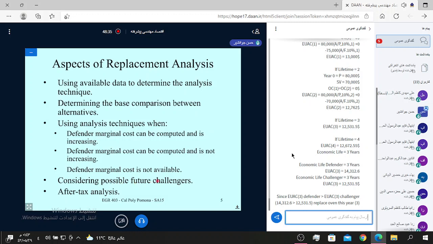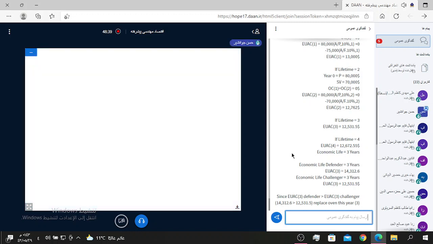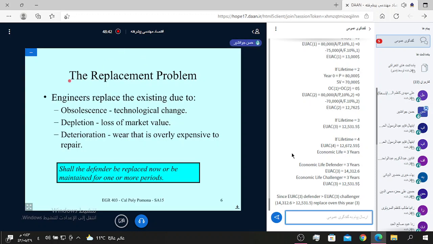Consider possible future Challengers and after-tax analysis. Reasons to replace existing equipment: obsolescence, technical change, deflation, loss of market value, and deterioration where it is overly expensive to repair.